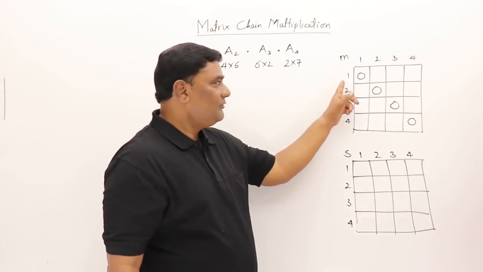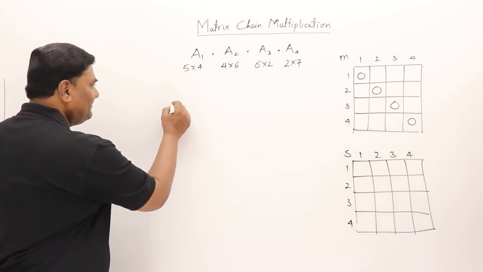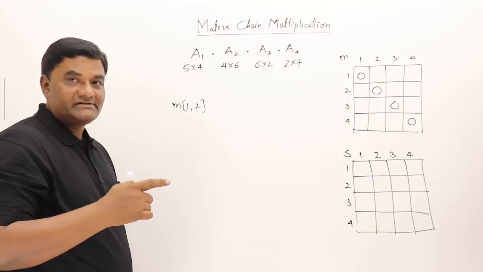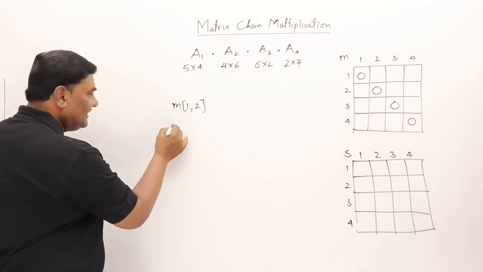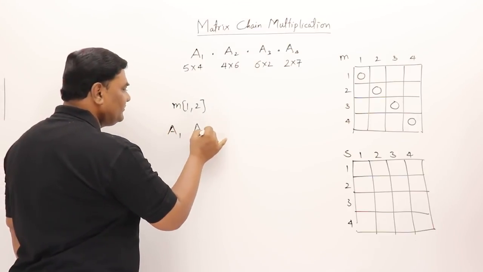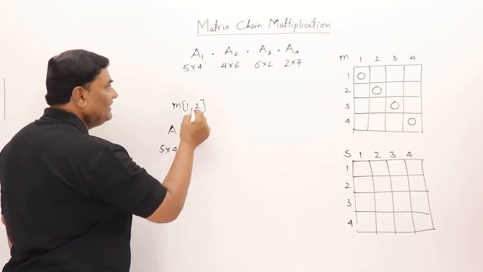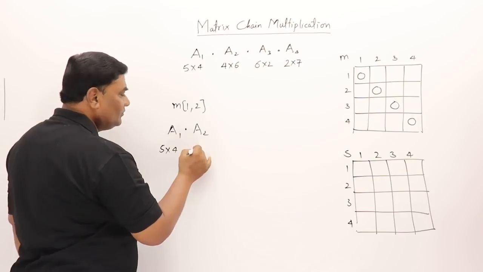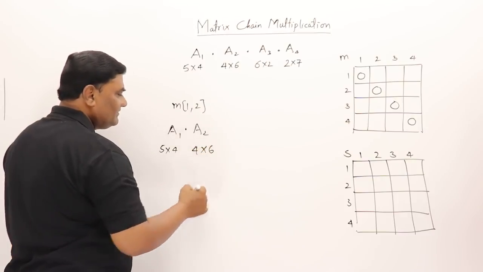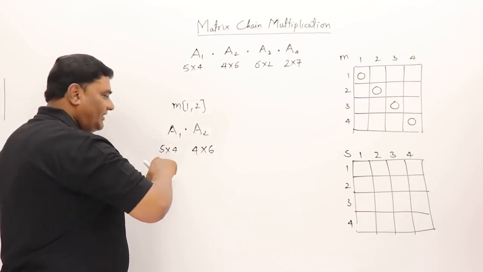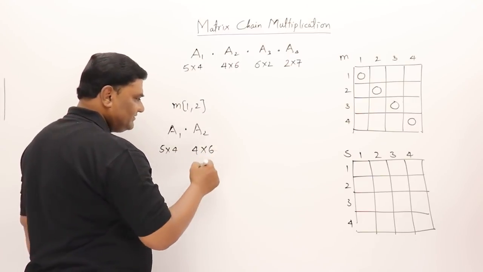Let us find out M of 1 comma 2. M of 1 comma 2 means I am multiplying two matrices, that is 1 to 2, so A1 with A2. Then what are the dimensions of A1? 5, 4. And dimensions of A2? 4, 6. So what will be the total cost of multiplication? 5 into 4 into 6.